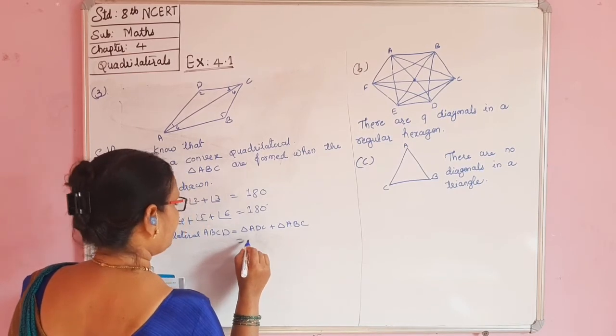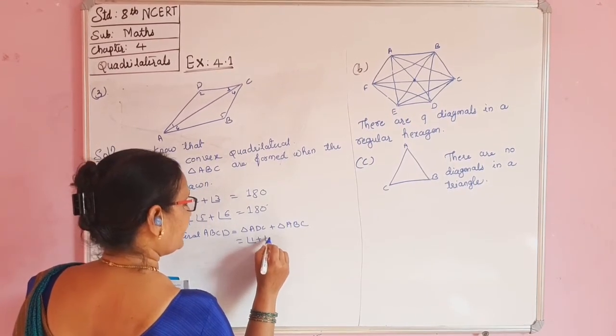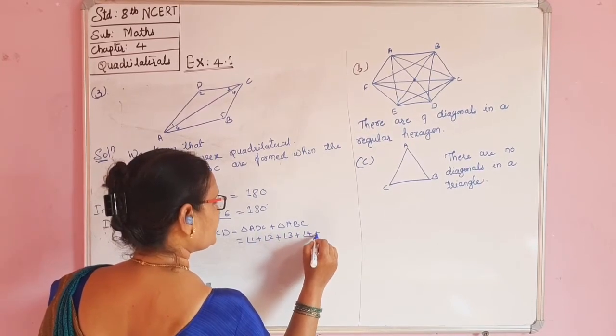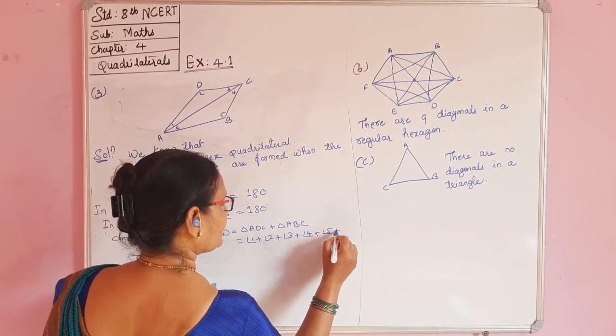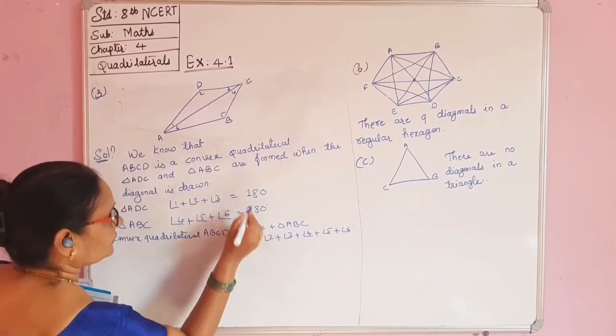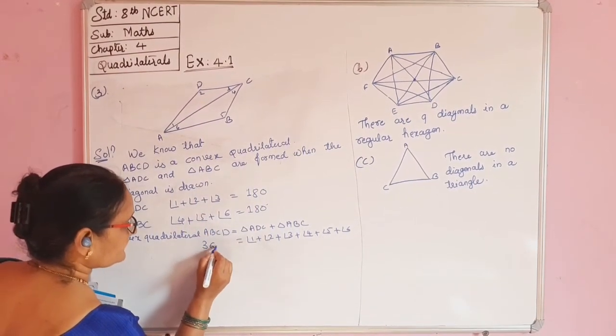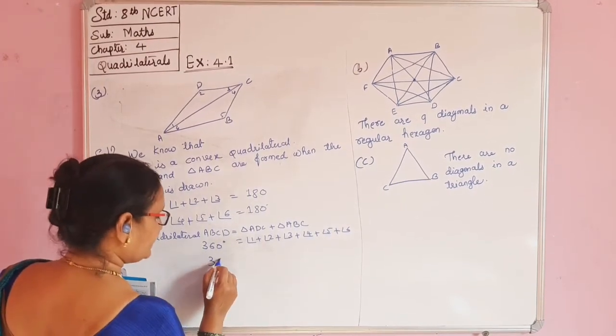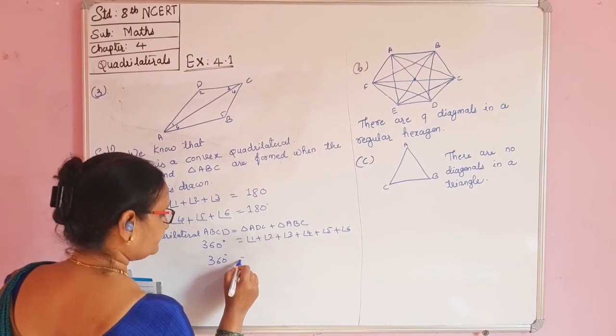This is nothing but angle 1 plus angle 2 plus angle 3 plus angle 4 plus angle 5 plus angle 6 is equal to, total how much is it? 360 degrees.